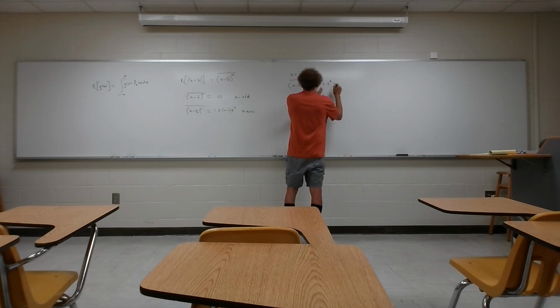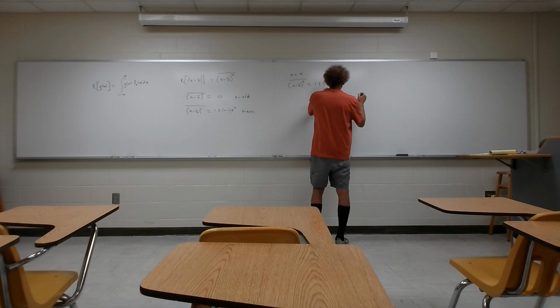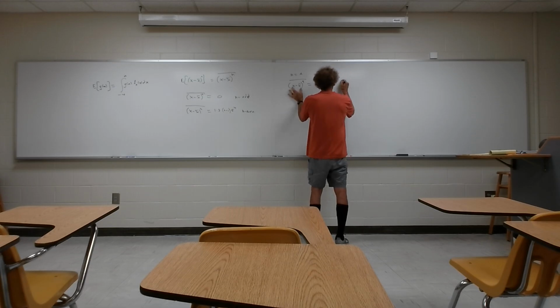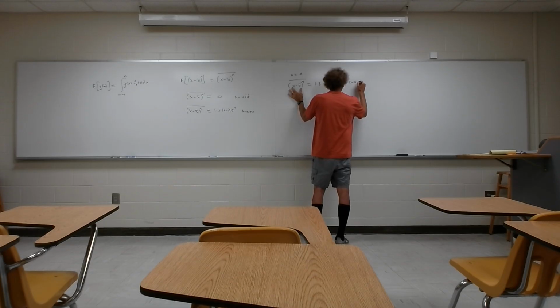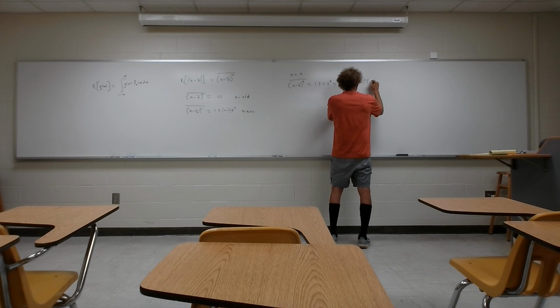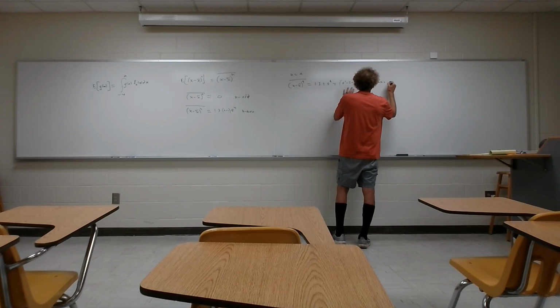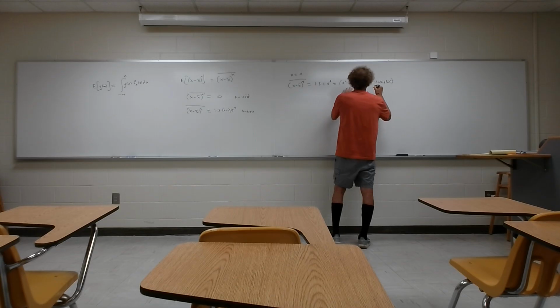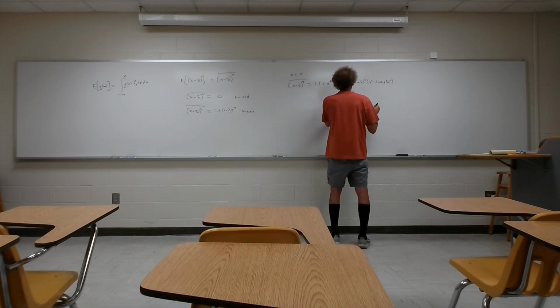And if you expanded this, you would have (x squared minus 2x x bar plus x bar squared) times (x squared minus 2x x bar plus x bar squared). You have to multiply all those out.